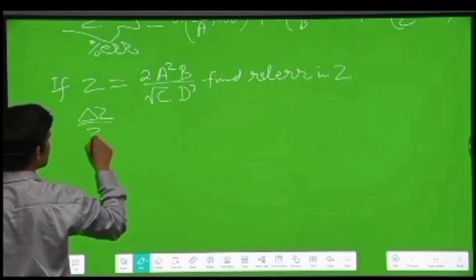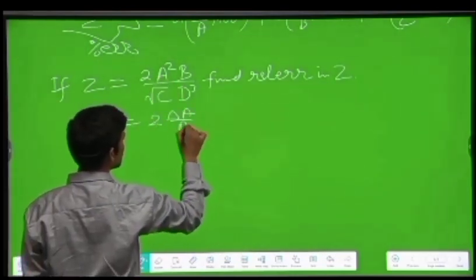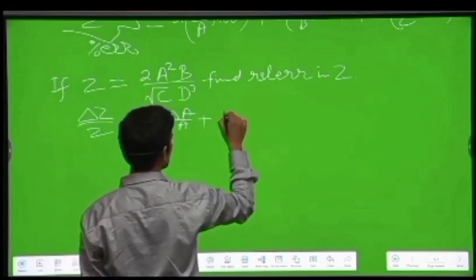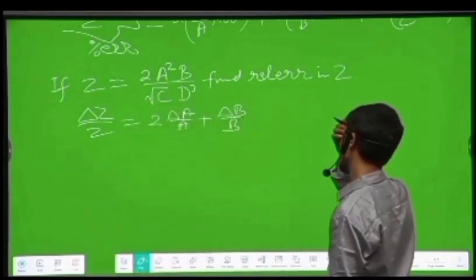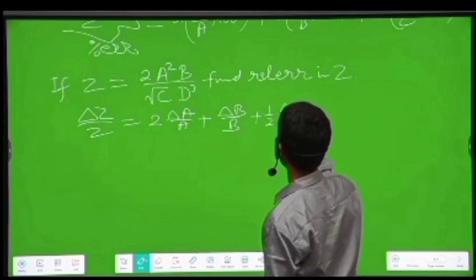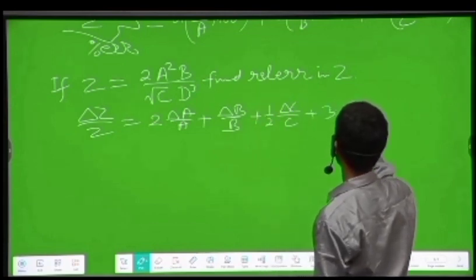Delta Z by Z is equal to, just eliminate this constant. So it will be 2 delta a by a plus b power is 1, so delta b by b, root c power is half. No need to worry about negative sign. So plus half delta c by c. And then for d, it is 3 delta d by d.